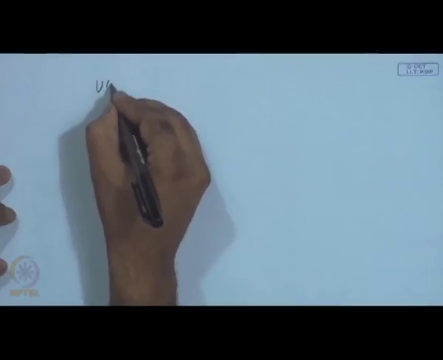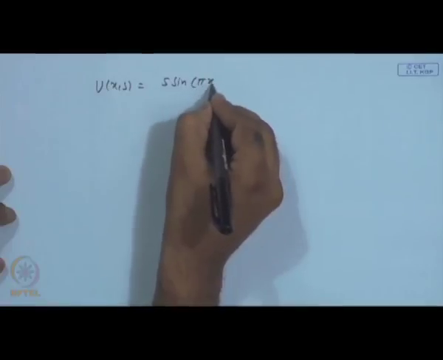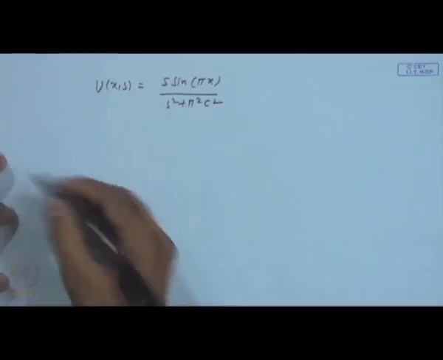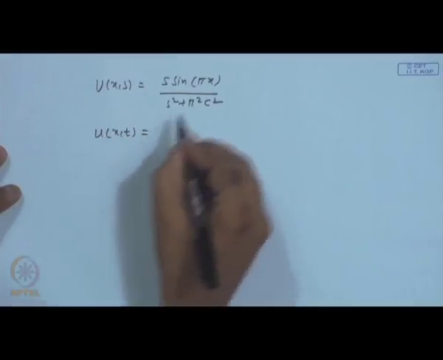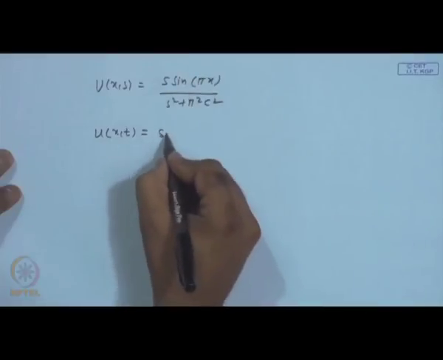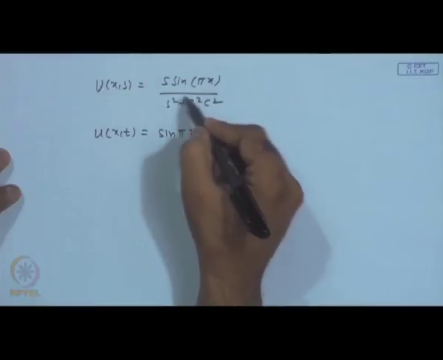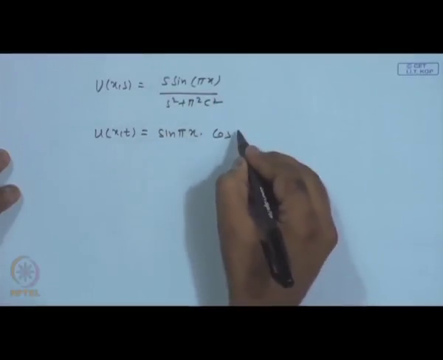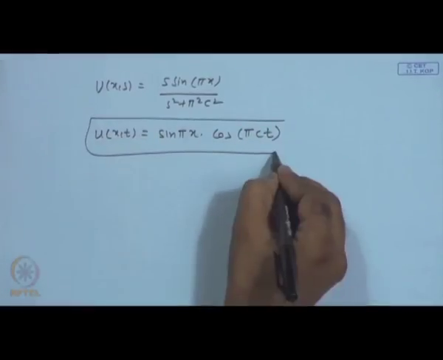So, our solution would be then U(x,s) is s sin pi x over s square plus pi square c square, and now we take the inverse Laplace transform. So, we have u(x,t), this is sin pi x independent of s, and then we have s over s square plus pi square c square, this is cos pi c t.